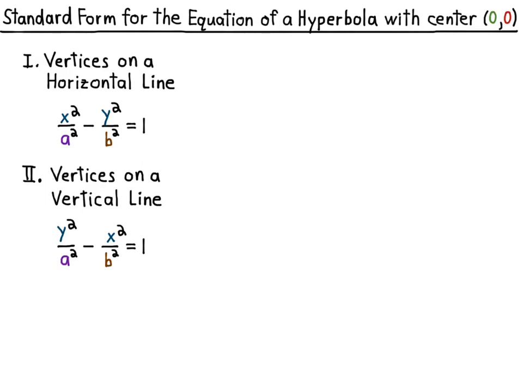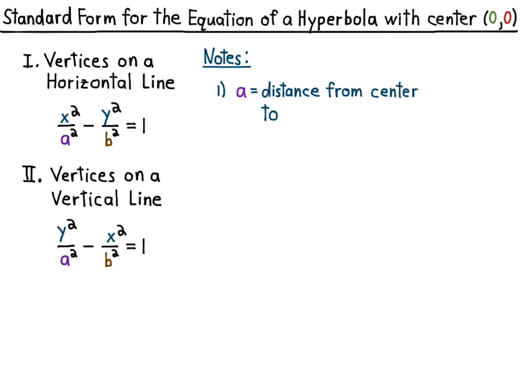So up a and down a from the center, because the a is with the y, see? And the a always tells you the vertex. That's why I've got it purple in both. Okay? So it's always that number under the positive term that tells you where your vertices are. That's the important thing to remember here.